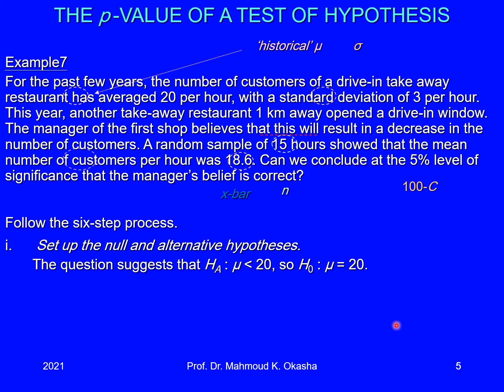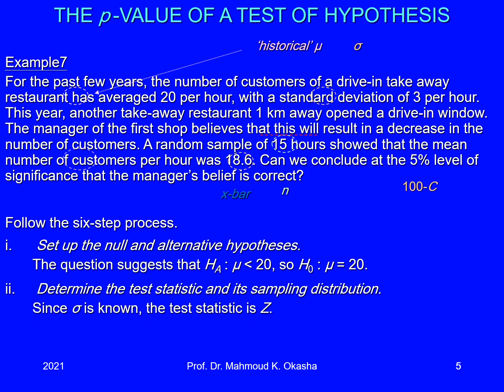H naught is mu equals 20, mu naught, and as the question says, the alternative is mu is less than 20. That's the thing we want to test, whether the decrease in that number will happen. So the alternative hypothesis is mu is less than 20, and as usual, the null hypothesis is mu equals 20.